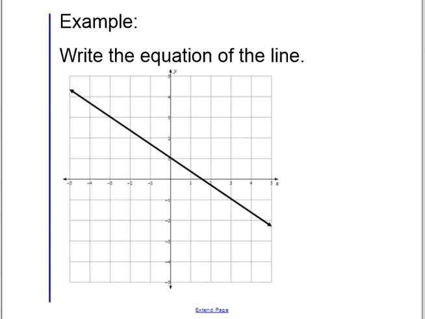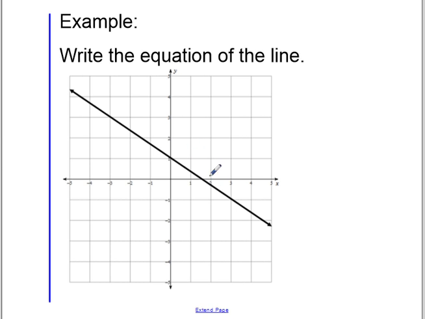So we can look at a graph, use information on the graph to create one of those different forms. The simplest way to do this type of example would be to identify a y-intercept and the slope, as long as we can. So let's check out what those 2 things might be.